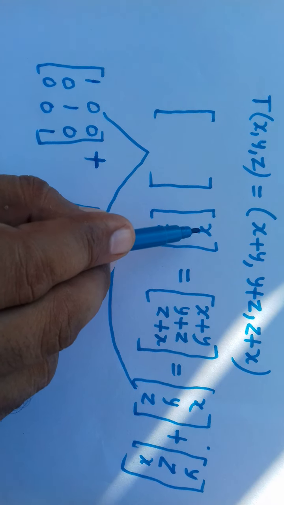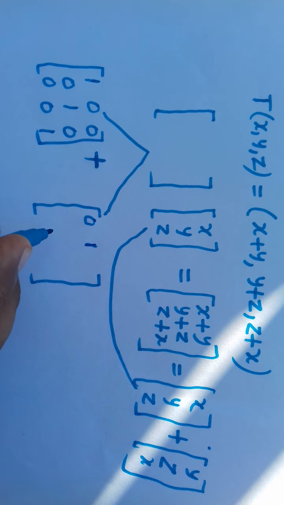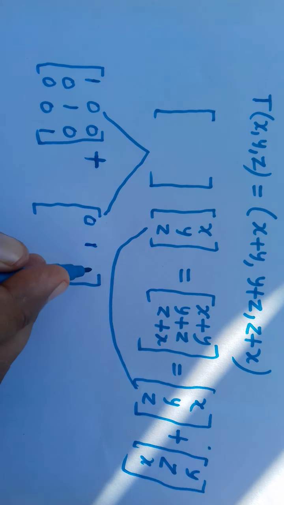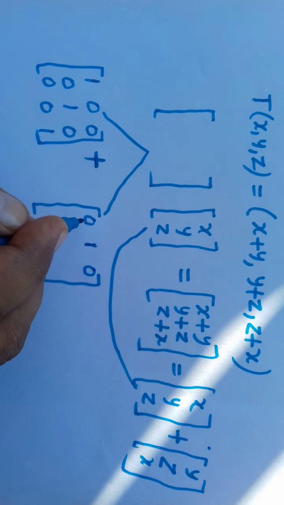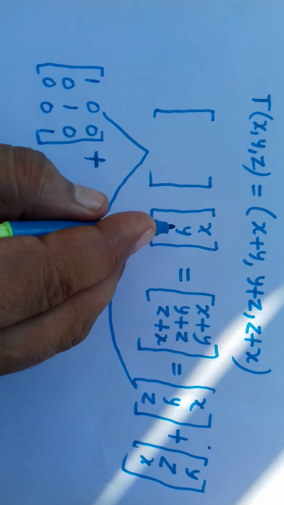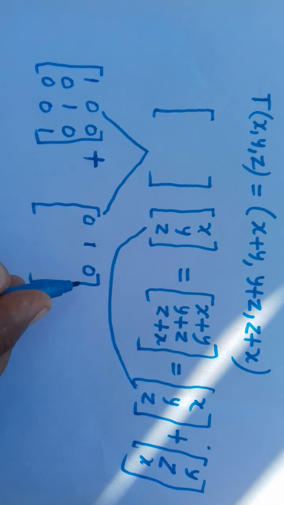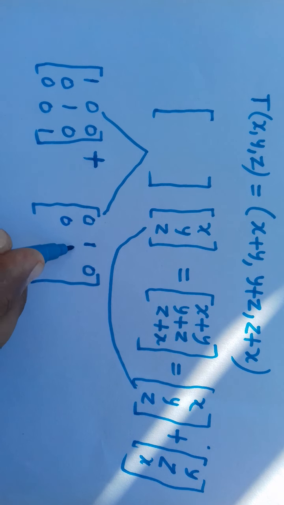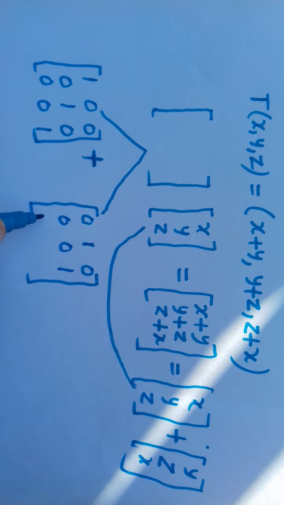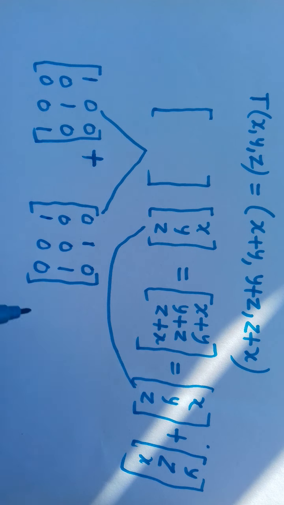So at the second entry there should be 1, because if you multiply this with this, 0 into x will be 0, y into 1 will be y, and z into 0 is 0. It remains only y. Similarly here you see z, so there will be 0 0 1. Here you see x, so first will be 1 and thereafter you have to take zeros.